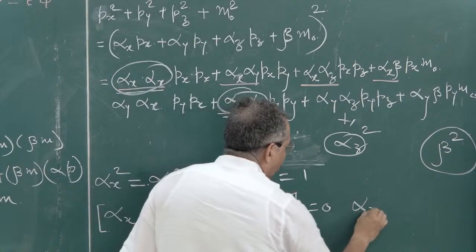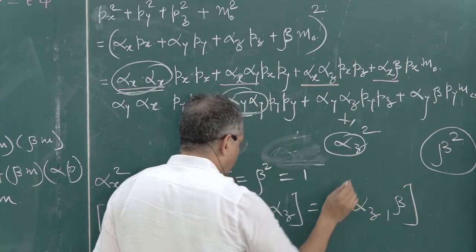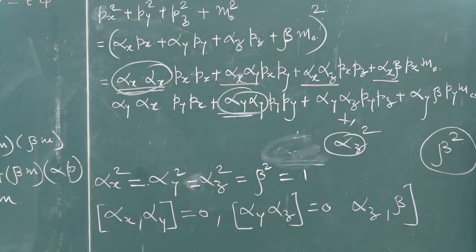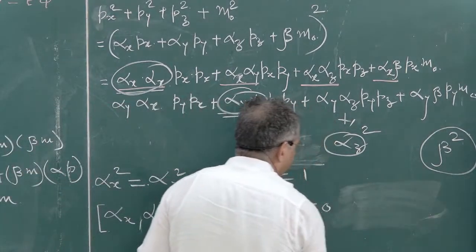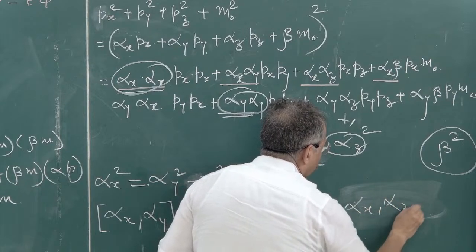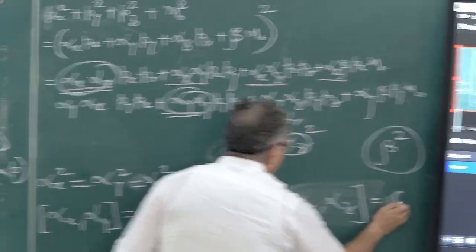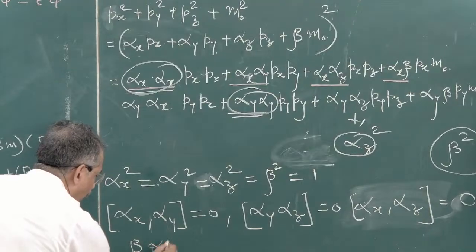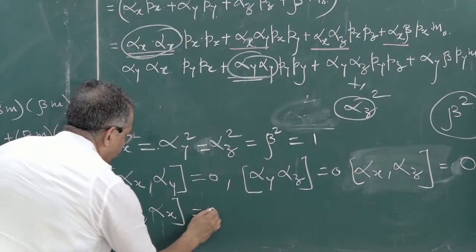Similarly, rather I should write the in between terms first. Alpha x alpha y, alpha y alpha z, and then alpha x alpha z, this should also vanish, and beta with all alphas, that is beta with alpha x should vanish.